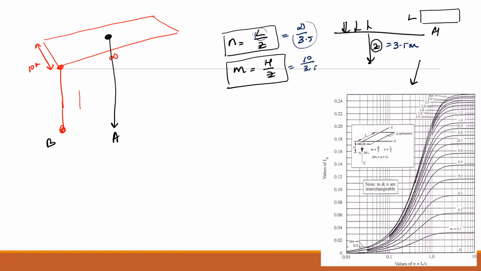Infinite divided by anything is infinite. So this one is infinite, and the other one is 10 divided by 3.5, 2.857. So one of them is 2.857 and the other one is infinite. So you look at this chart now. So you have infinite here.